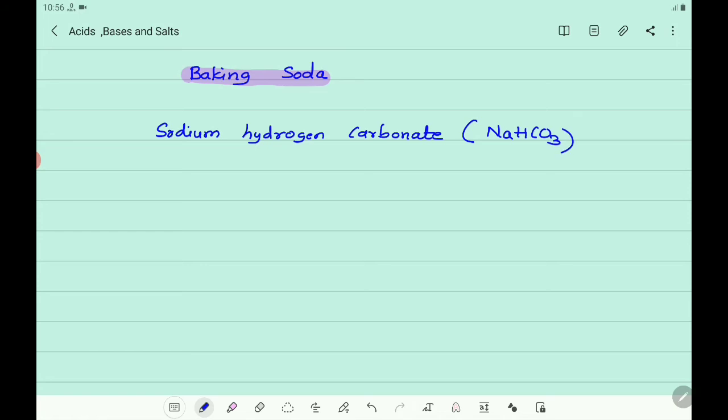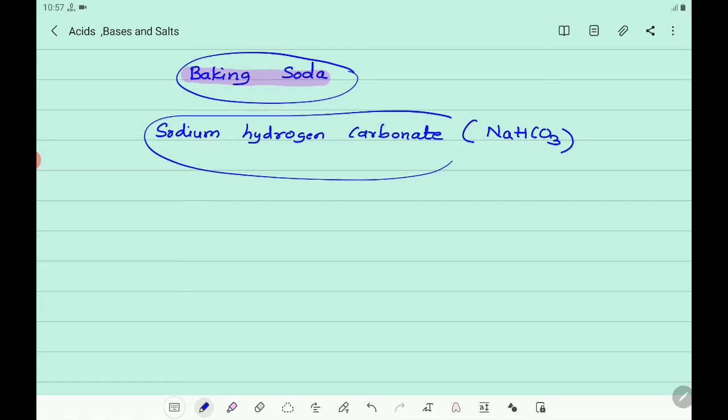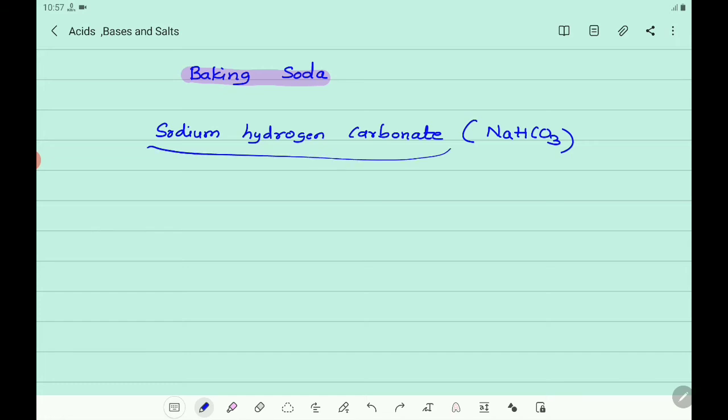It is also called sodium bicarbonate. Baking soda is a common name of sodium hydrogen carbonate. The chemical name of baking soda is sodium hydrogen carbonate.